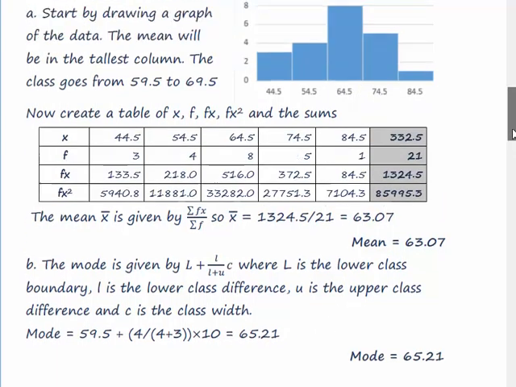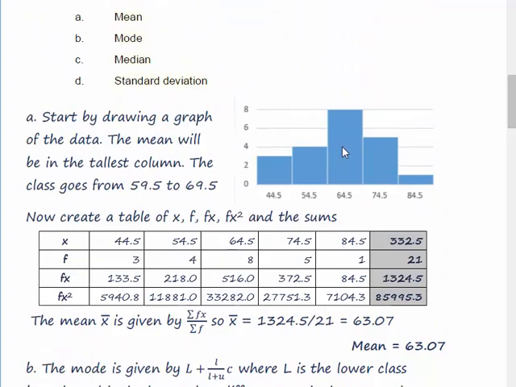To find the median, we need to find a value of an imaginary balancing point here. I'm going to call the value on the left hand side A, and the value on the right hand side is going to be the frequency minus A. So we're going to add the frequency of the classes on the left hand side of A to the frequencies of the classes on the right hand side of A. So we're going to get 3 plus 4 plus A is equal to 8 minus A plus 5 plus 1.